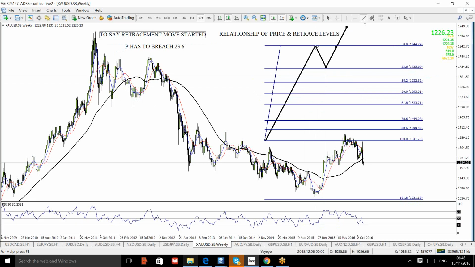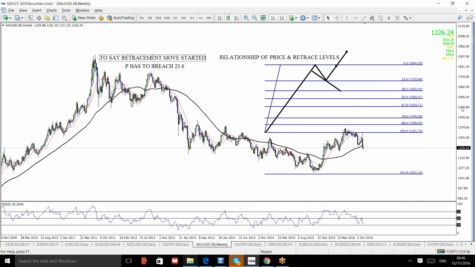Now, the price can retrace to 38.2 Fibonacci, guys. If the price finds support and retraces to only 38.2 Fibonacci, this is the price behavior: the price will very aggressively move away from it.